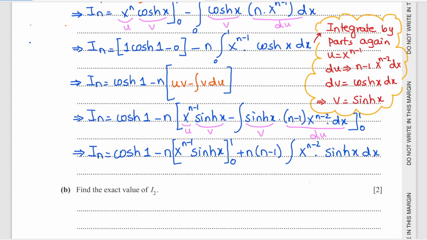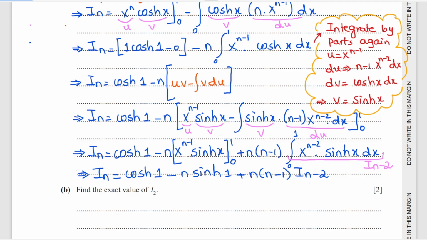Did you notice that this part is similar to I_n, but with a power of n minus 2? So I_n is cosh 1 minus n sinh 1 plus n(n-1) I_(n-2). Proved.